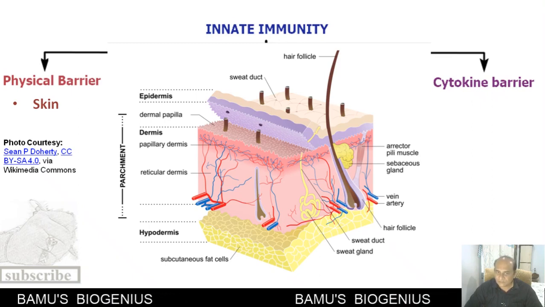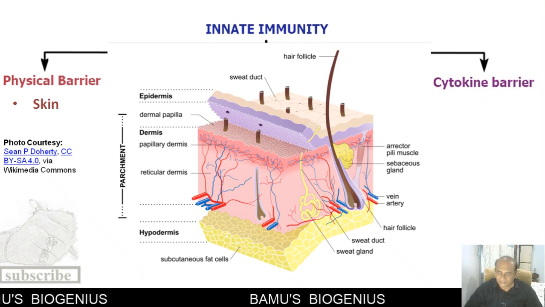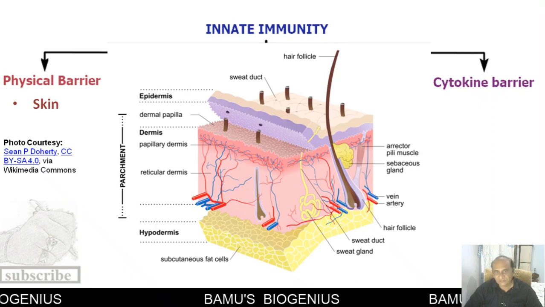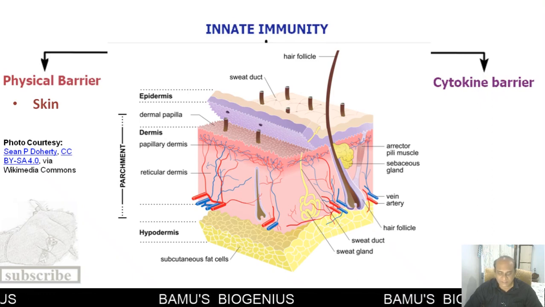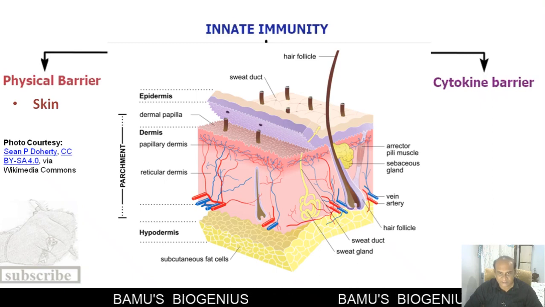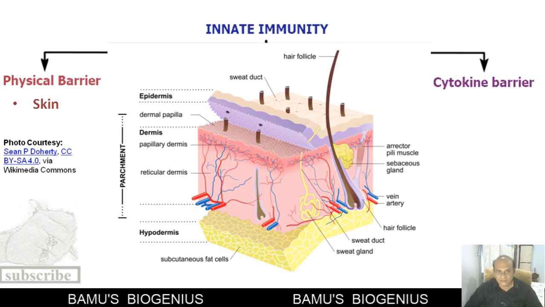Another peculiar feature of the antimicrobial peptide cathelicidin LL-37 is that it binds with the nucleic acid of the microbes, thereby stabilizing the nucleic acid. That nucleic acid is presented to the PRRs so that the innate immune response can be generated.